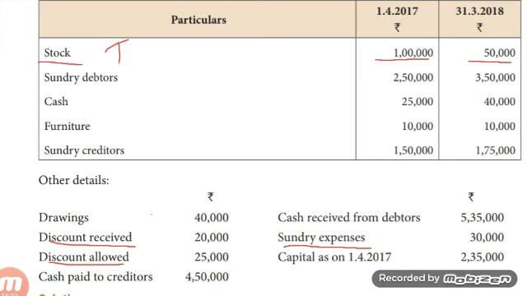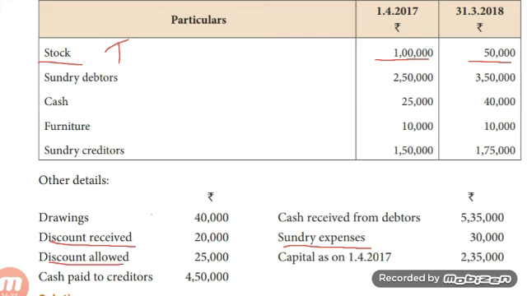Cash 25,000 and 40,000 is the cash balance, cash in hand, not cash purchase or cash sales. In this question, cash sales or cash purchase is not given, so you should take only the credit purchase and credit sales.